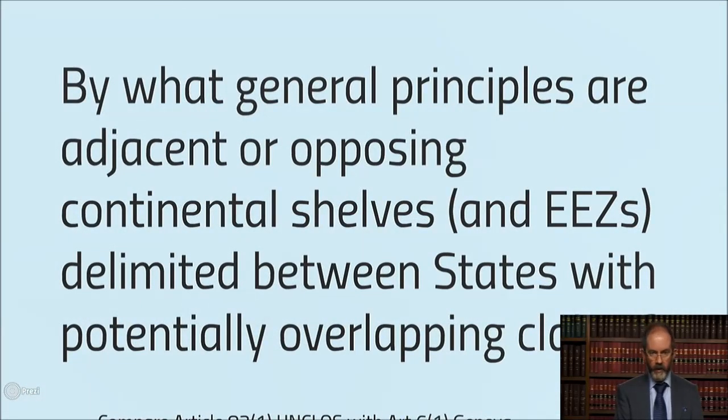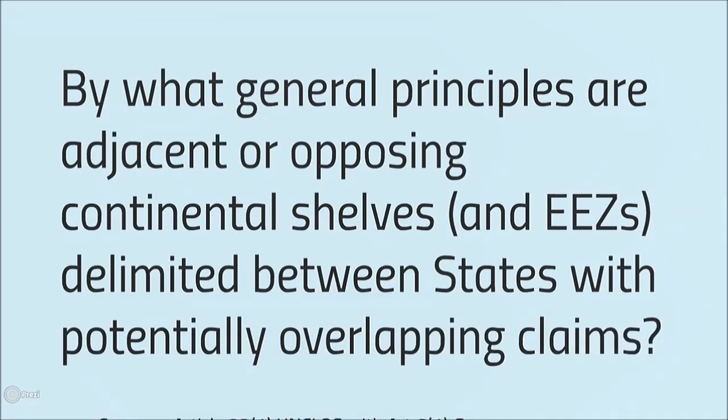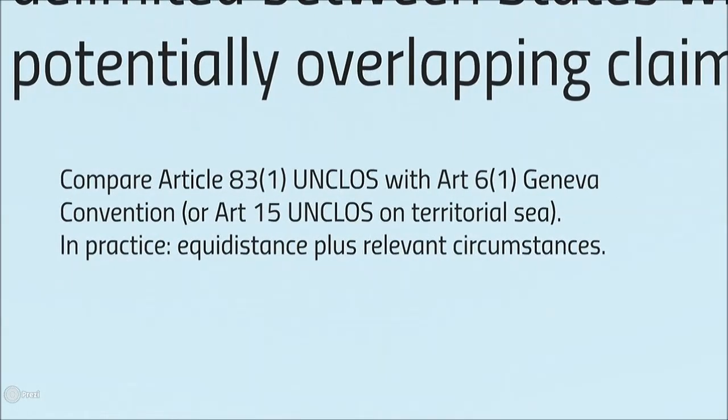So we saw that in respect of the Geneva Convention, there was a reasonably straightforward rule. The Geneva Convention, Article 6.1, as you'll recall, referred to median line adjusted by reference to special circumstances. Article 83.1 of UNCLOS simply says that the delimitation shall be effected in accordance with international law, which in practice is going to mean equidistance plus relevant circumstances.